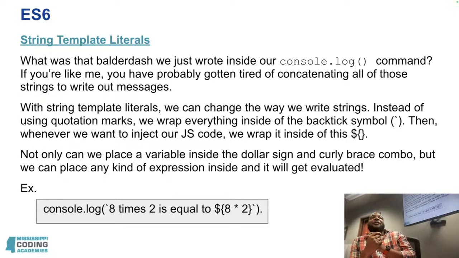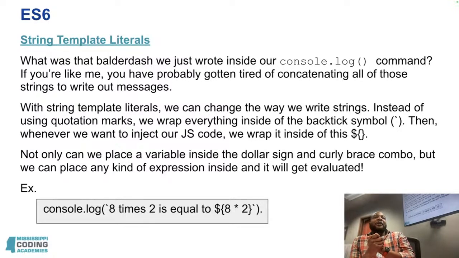So what we have instead is something called a string template literal. And we can change the way that we write strings. Instead of using quotation marks, we wrap everything inside of the backtick symbol. That backtick symbol is the symbol above your tab button on your keyboard.